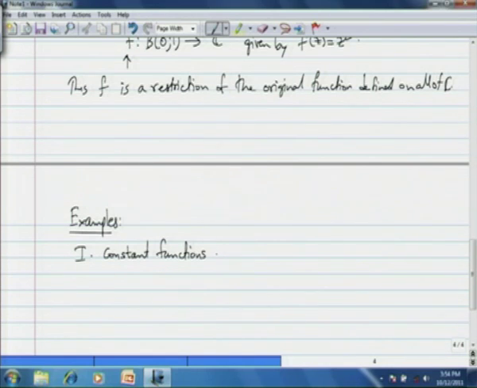We will often use the word constants to mean the constant functions whenever appropriate. Let us take f from C to C given by f of z equal to c, where c is a fixed constant.